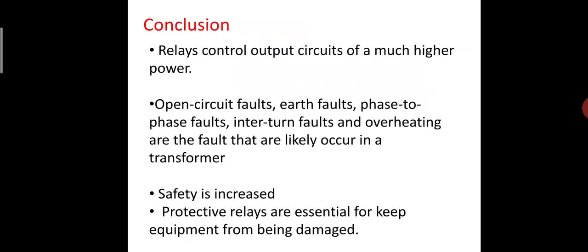So, last one, conclusion. Relays control output circuits of a much higher power. Open circuit faults, earth faults, phase to phase faults, interturn faults, and overheating are the faults that are likely to occur in a transformer.